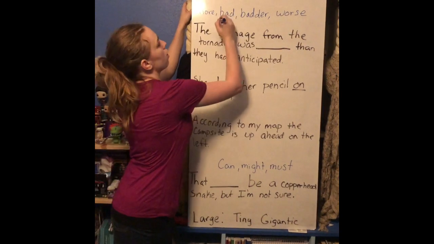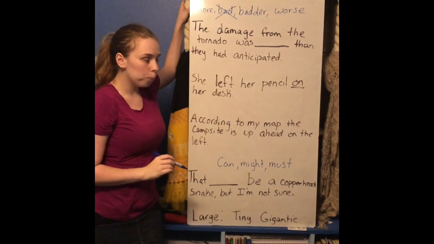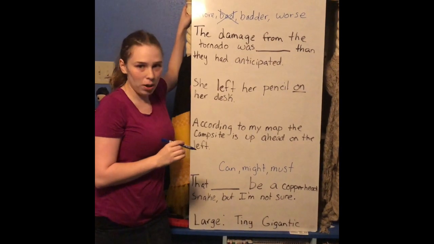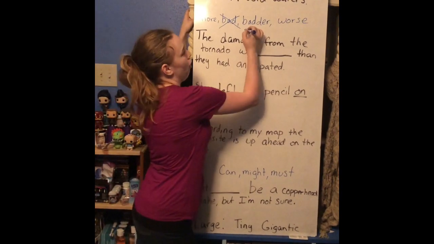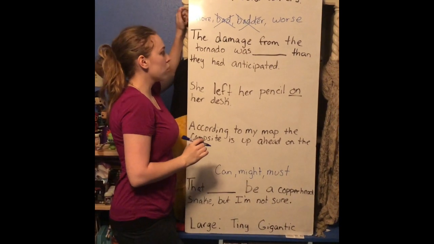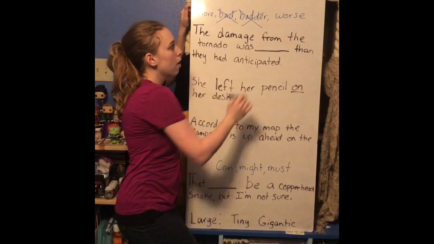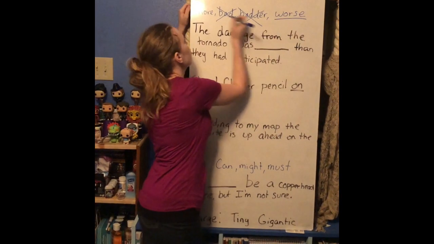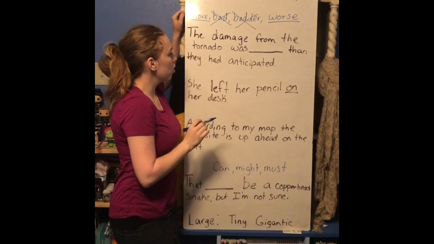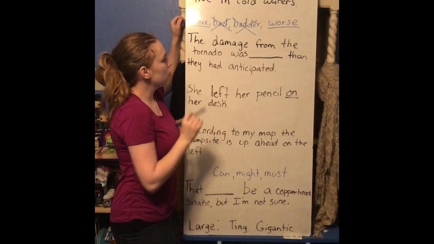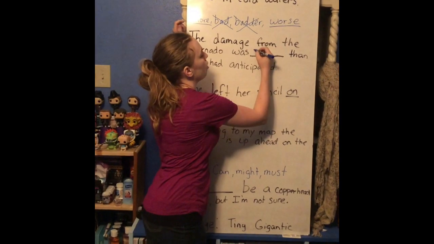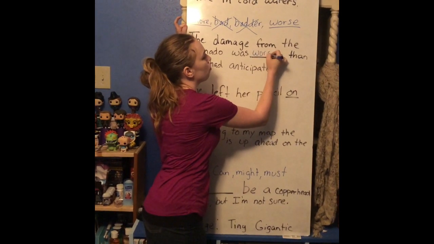That doesn't really make sense, so we could go ahead and cross that one out. The damage from the tornado was badder than they had anticipated. That's not right at all. The damage from the tornado was worse than they had anticipated. That also works. So we have two. In this instance, worse fits a little bit better.